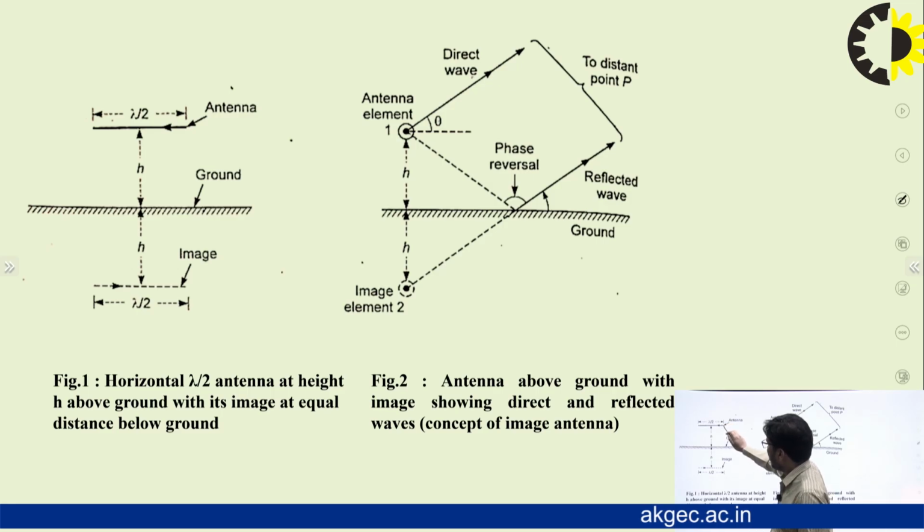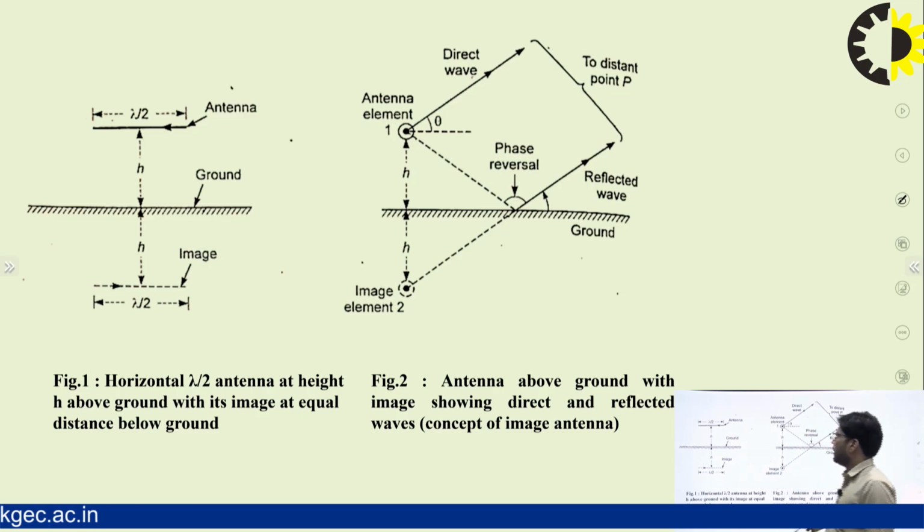Because of the reflecting surface, this current direction would be reversed because of the image theory.